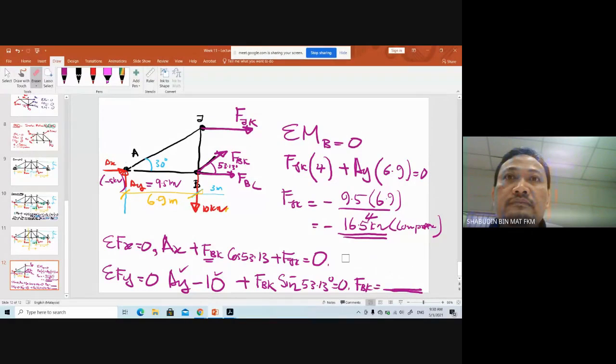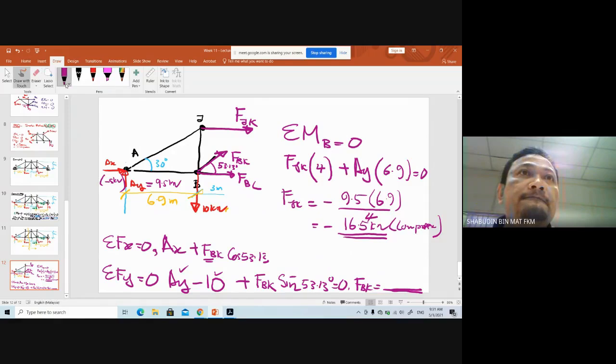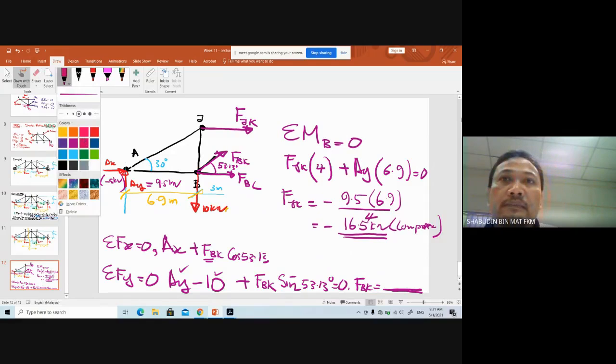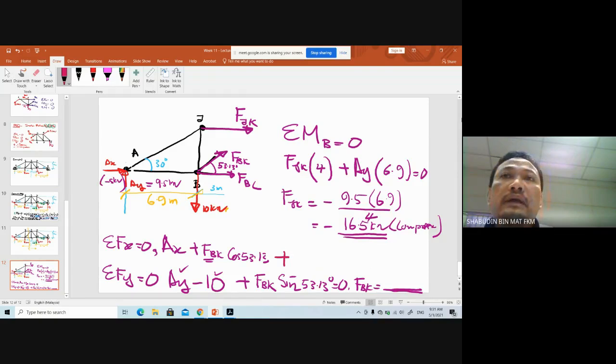So in X, AX plus FBK cos 53.3, then plus FJK, you know already, plus FBC equal to 0, then you can get FBC from the X equation. Sorry, I missed the FBC just now. Can you get me FBC and FBK?